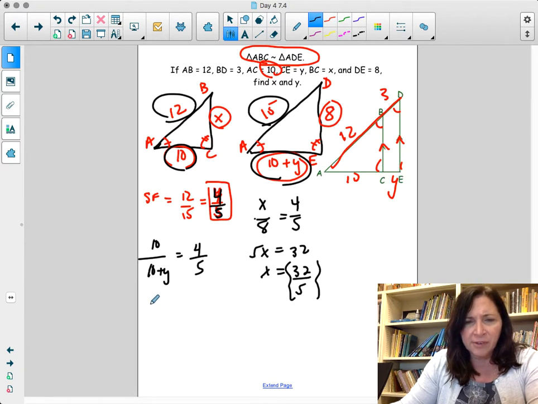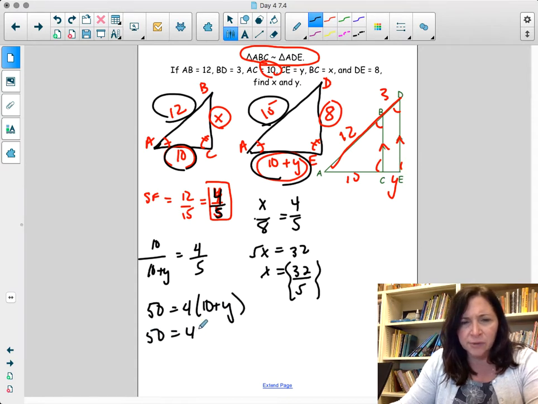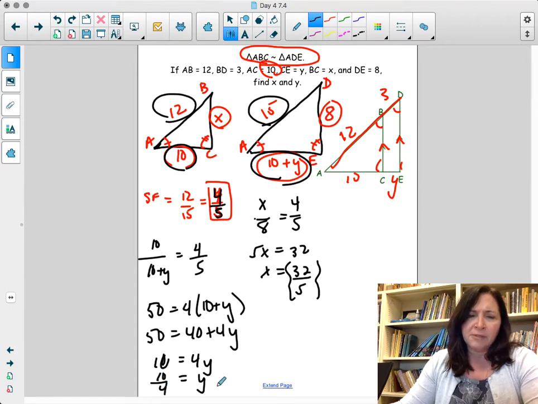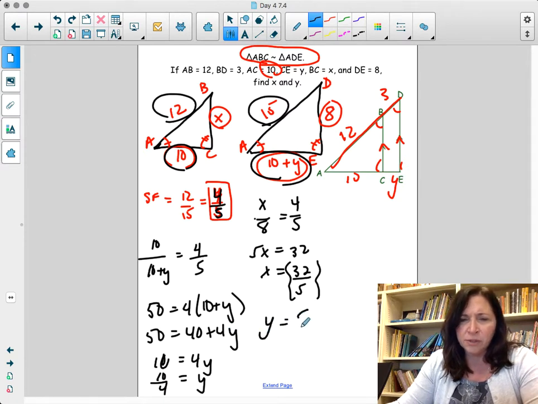I get 5 times 10, which is 50, is equal to 4 times 10 plus y. So 50 equals 40 plus 4y. Subtract 40, I get 10, is equal to 4y. And divide by 4, I get 10 divided by 4. Divide that by 2, I get what, 5 halves? So y is equal to 5 over 2.